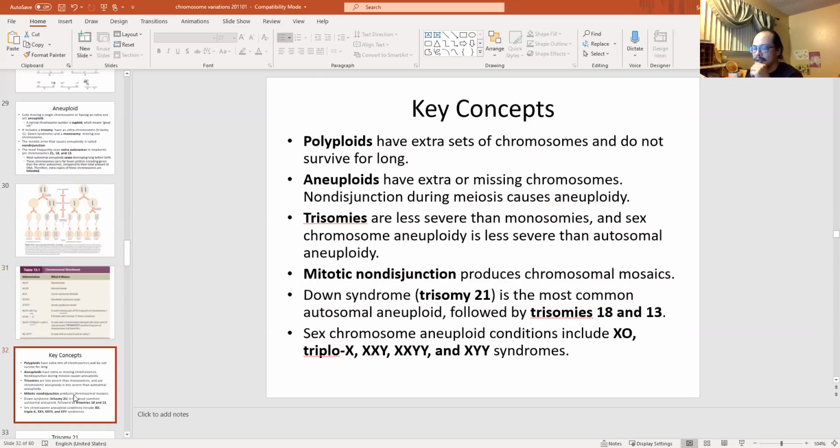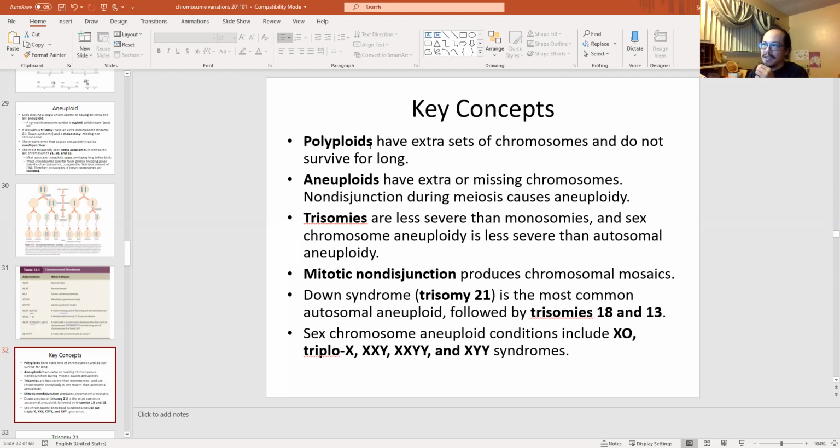So that's that. All right, so here is a summary of this key concept from this segment. The chromosome abnormality can be viewed as the extra set, which is ploid.